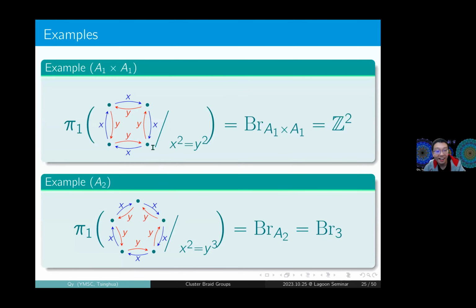So for example, in the A1 times A2 case we just talked about, once you glue the square and pentagon to the double square and double pentagon, what you get is exactly the braid group of A1 times A2, which is Z^2 in this case, because it's easy to see that this CW complex is actually a torus. And here, the CW complex is not a surface. However, the pi1 is BR3.